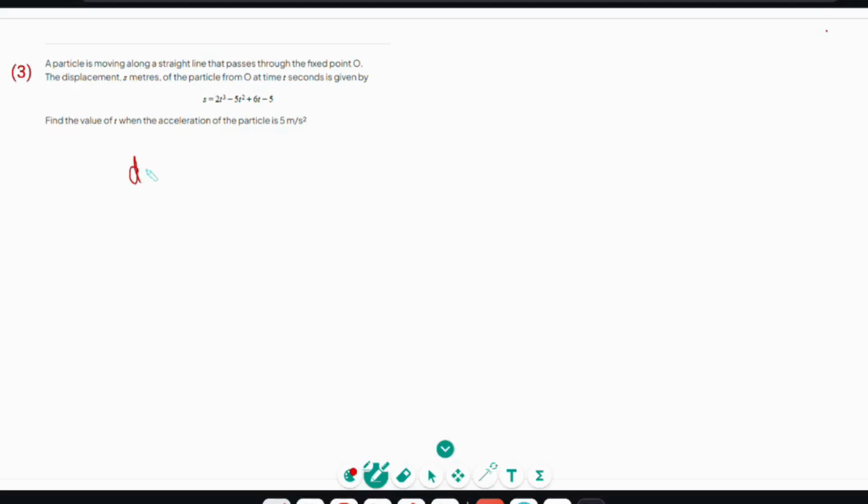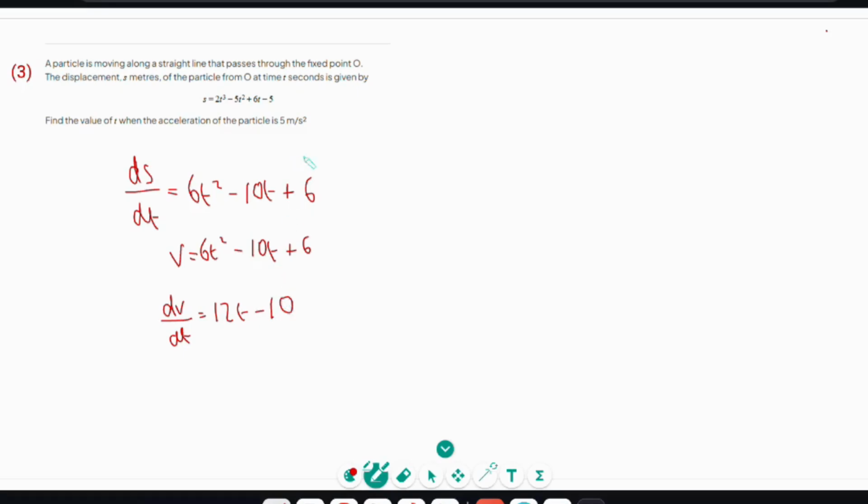So we need to differentiate the displacement to get velocity. That's our v. We've differentiated velocity to give us an expression for acceleration.